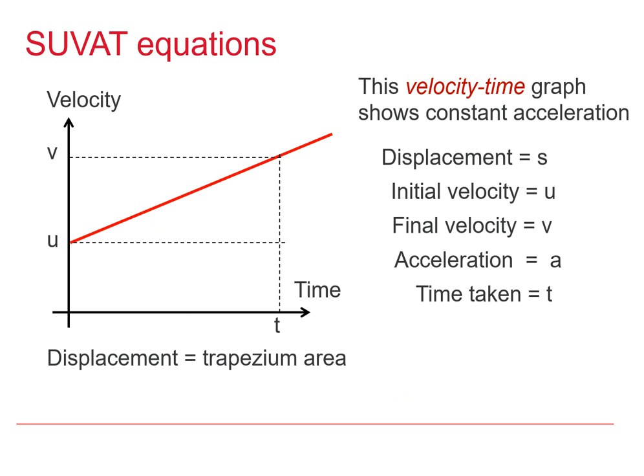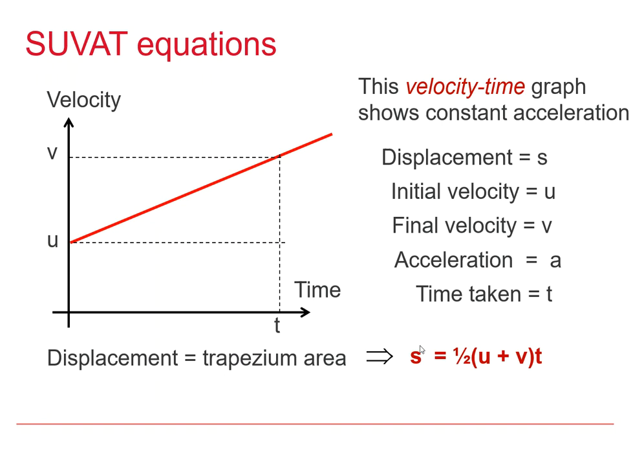So the displacement is the area of this rectangle and this triangle together, which make a trapezium. And so the area of the trapezium is the average of this height and this height multiplied by this width. So it's a half of u plus v, so that's the average velocity, multiplied by t.